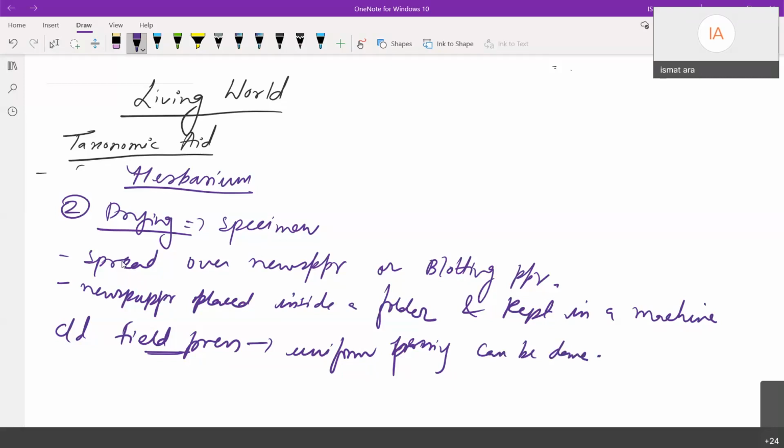And you are changing the newspaper. Why? Because the newspaper will soak the water from the specimen.